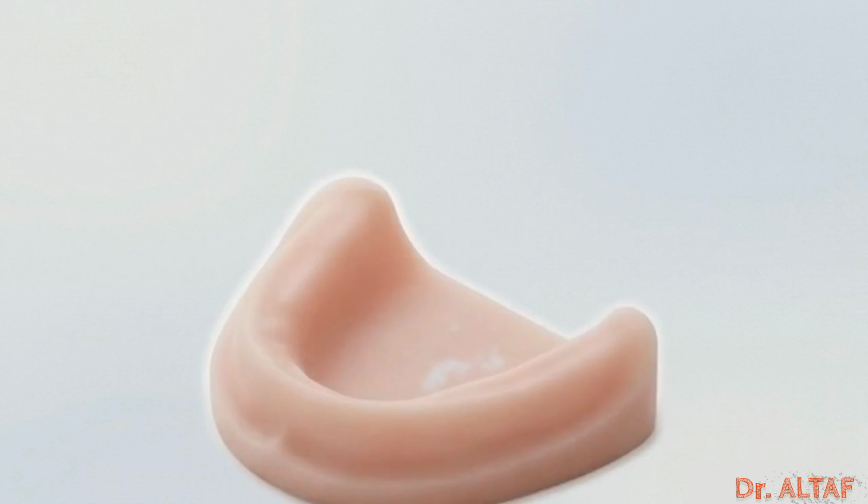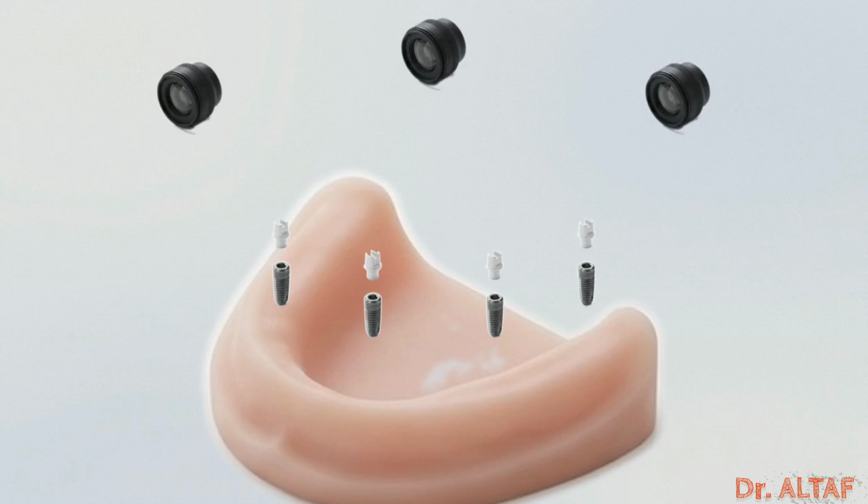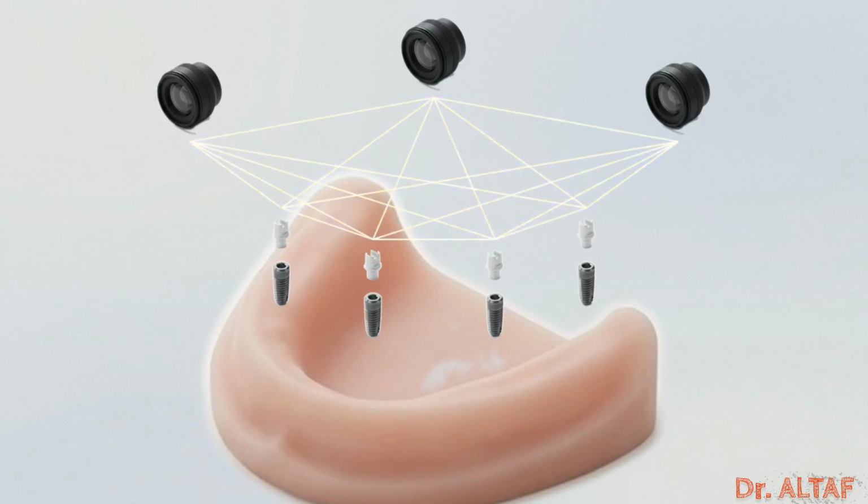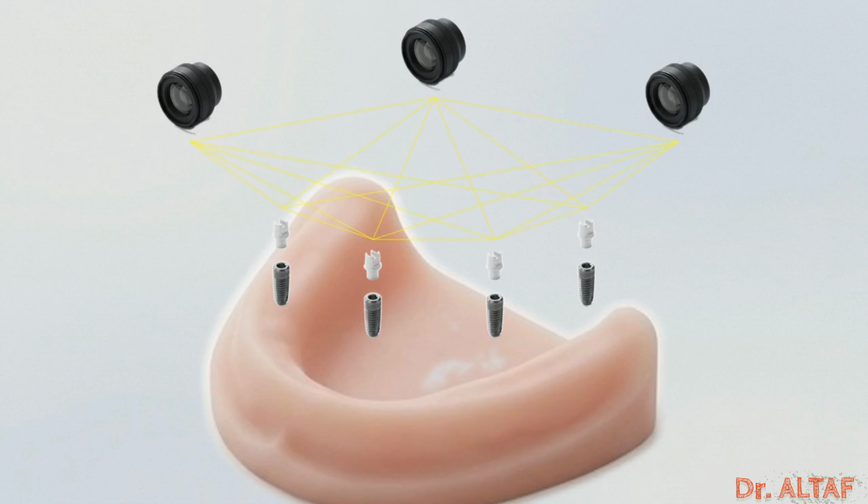Photogrammetry utilizes an array of extraoral lenses taking simultaneous multi-angle snapshots of geometric markers called dominoes attached to the implants, rather than overlapping video frames. The system relies on geometric triangulation.